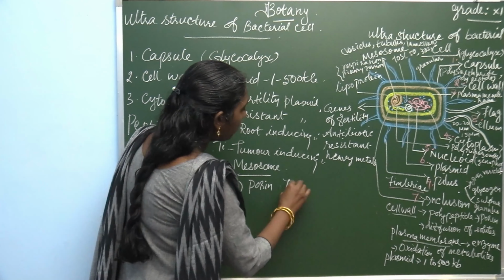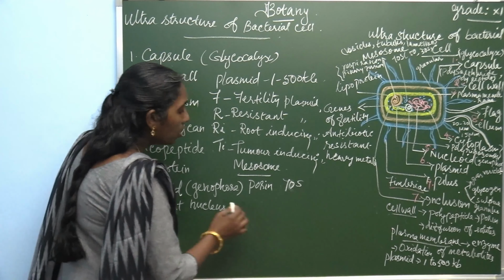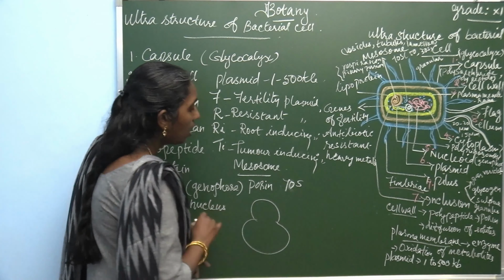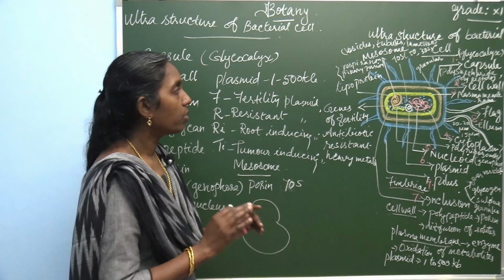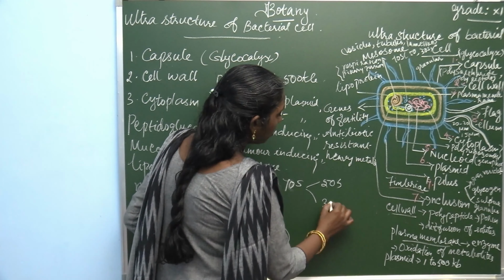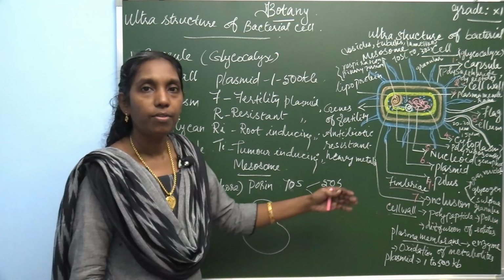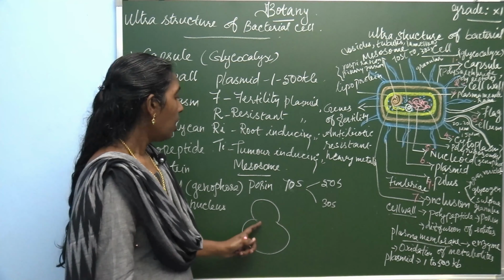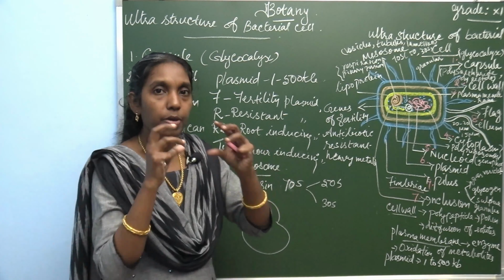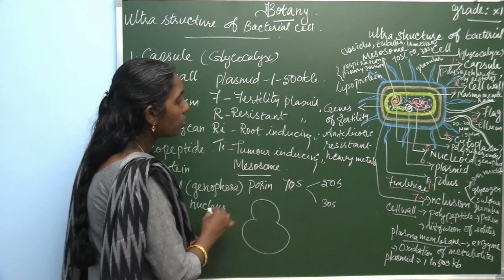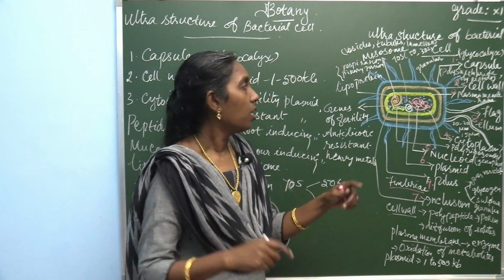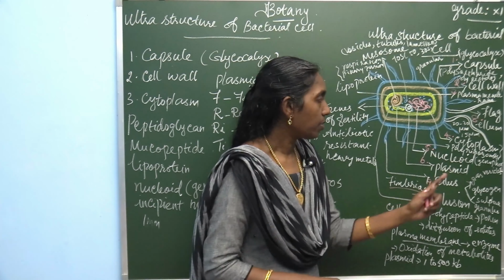This 70S ribosome consists of two subunits, a small subunit and a larger subunit, 50S and 30S. In bacteria the ribosomes occur as a group, held together on the mRNA, so they are known as polyribosomes.